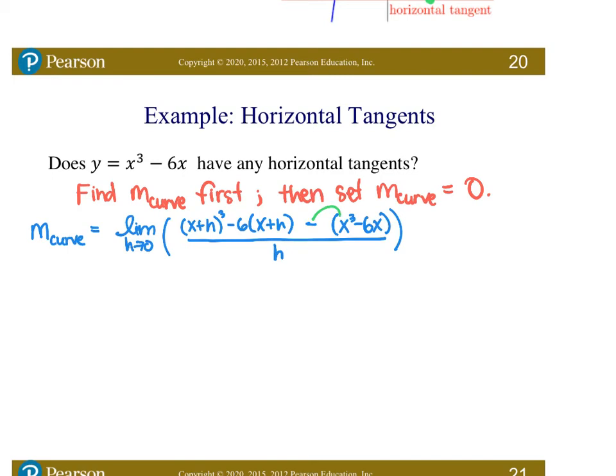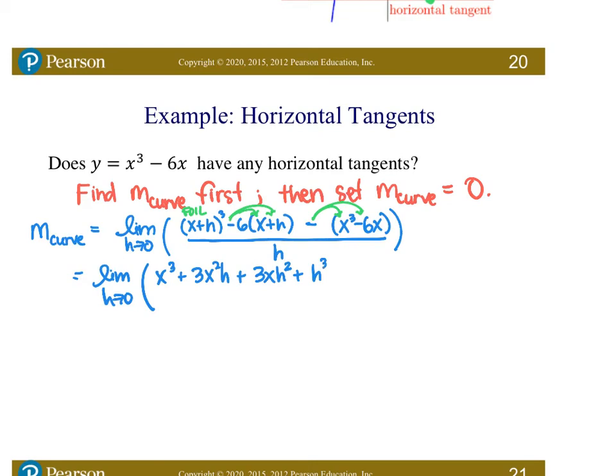So the distributing would be the negative here, and also the -6. And I'm going to superfoil the cube. So I already worked out the superfoil ahead of time. That'll be x cubed plus 3x squared h plus 3hx squared plus h cubed.